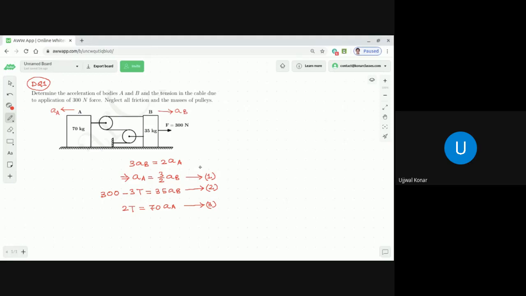If you solve all this, the value of acceleration AA is equal to 2.34 meter per second square, and the value of acceleration AB is equal to 1.558, or 1.56, meter per second square. And the tension will be 81.8 Newton.